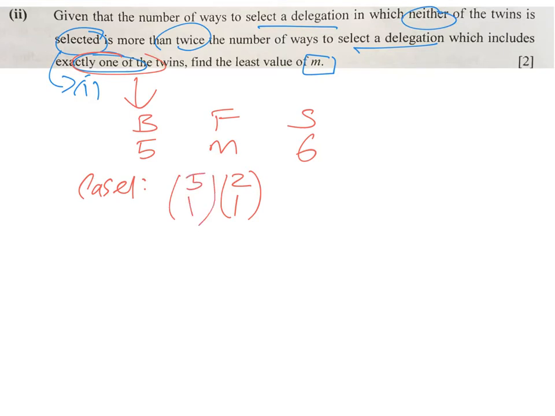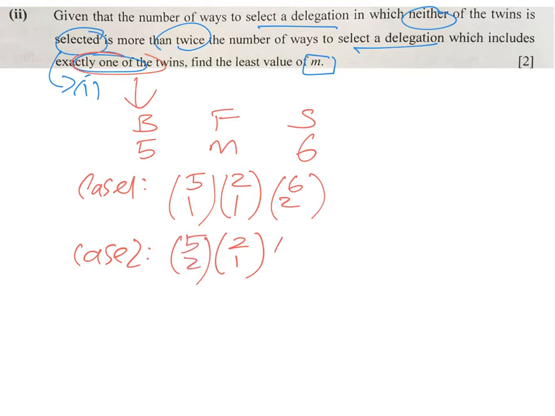And then we will have 2 swimmers selected, so we have 6 choose 2. Then for case 2, same thing, I'm going to select 1 out of the 2 twins, so 2 choose 1. But now I'm going to select 2 badminton players, so that will be 5 choose 2, and 1 swimmer, 6 choose 1.